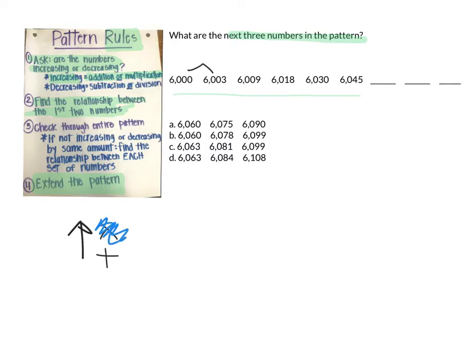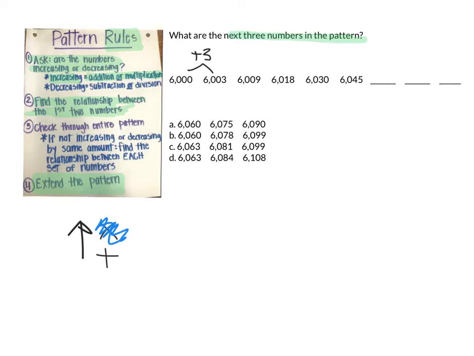But our number is still increasing, so we know we're going to be adding. So back to 6,000. What number can I add to 6,000 to get 6,003? We can add 3. 6,000 plus 3 is 6,003. So we're going to go back to our anchor chart, step 3.